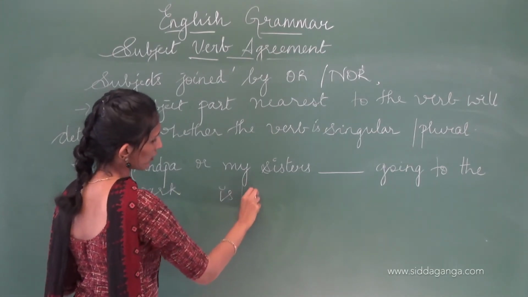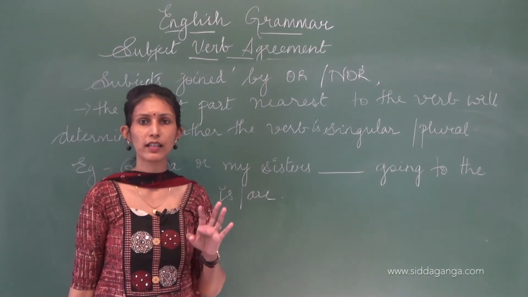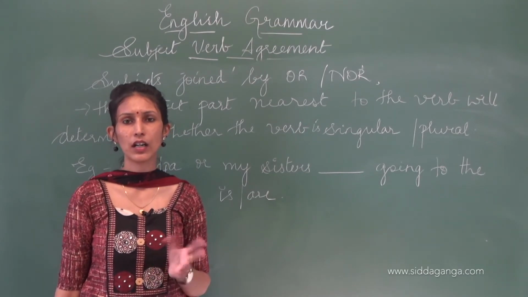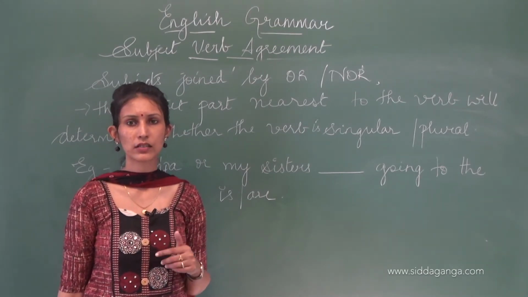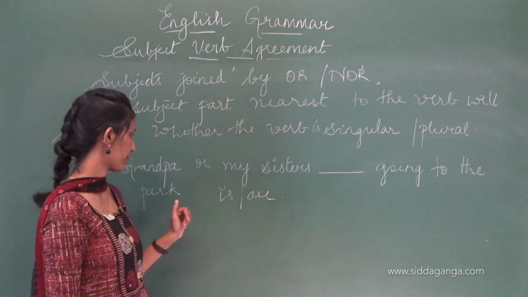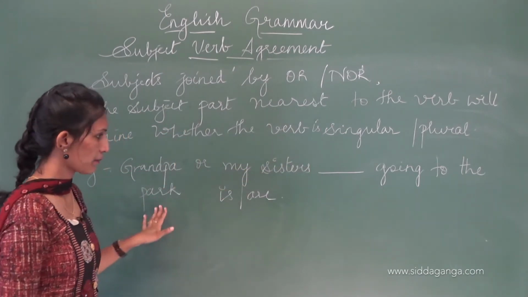Now is for singular, are is for plural. Is, was, has, have, were, yes, is, was, have, has, were. This is what you are going to get. So, grandpa or my sisters dash going to the park.